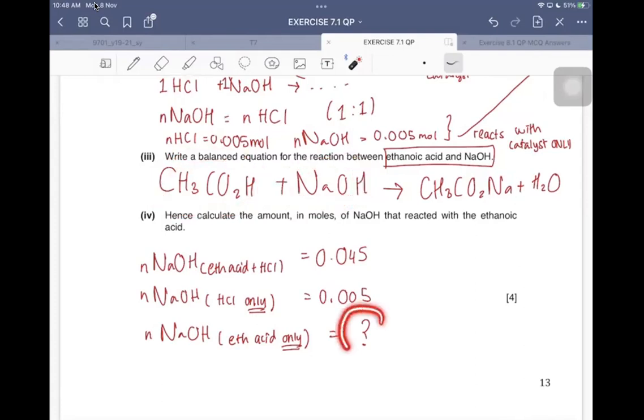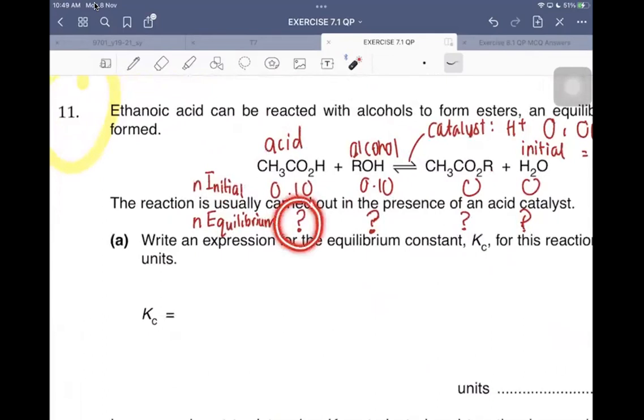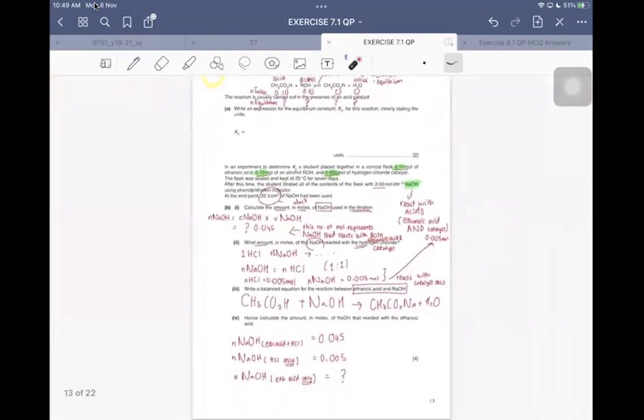So whatever your number of moles of sodium hydroxide is, it will also be the same number of moles of ethanoic acid, and this is already at equilibrium because this titration is carried out after equilibrium has been reached. So remember, once we know the equilibrium value, I can find the middle row, reacted and produced, and then I can work out the Kc.